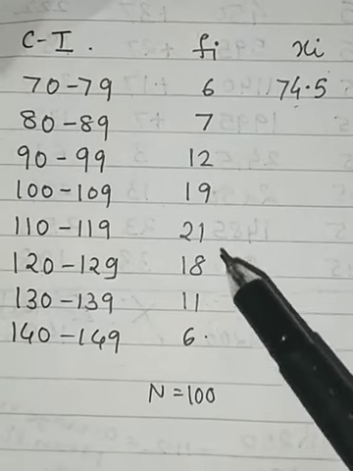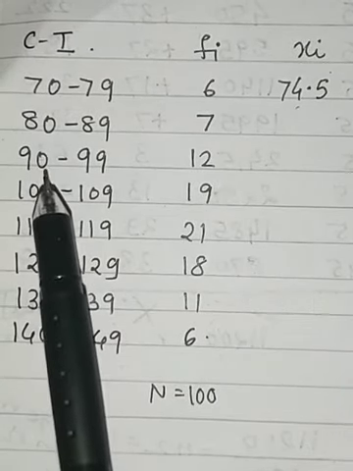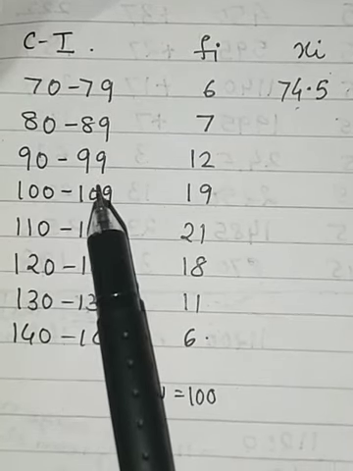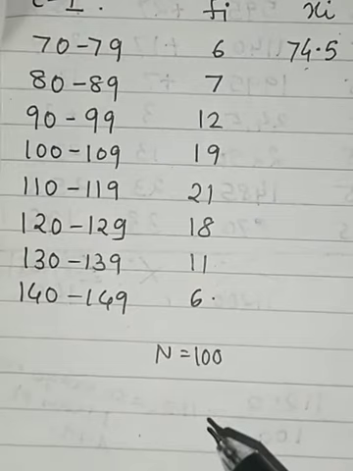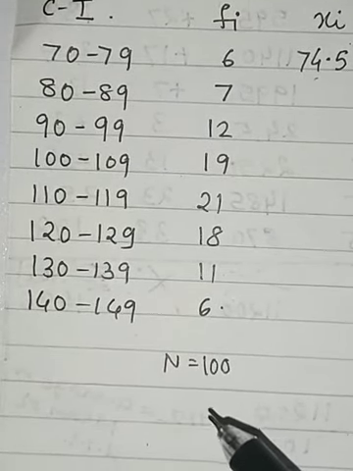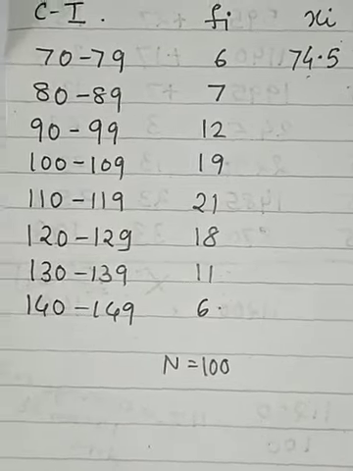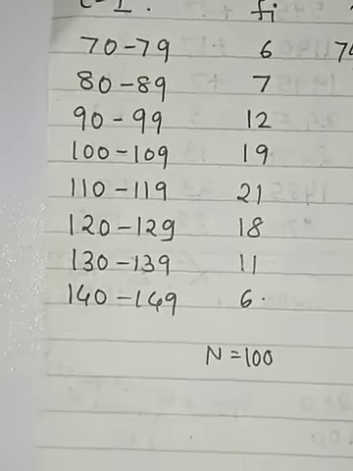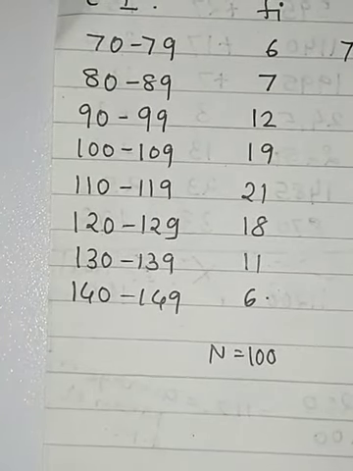The same example I have taken, but I have changed the class interval slightly so that you will understand this concept also. Okay, so do this example and check the answer with the earlier one. The earlier answer was 14.96. Yes, it was 14.96. So let us see what answer you get for this example.